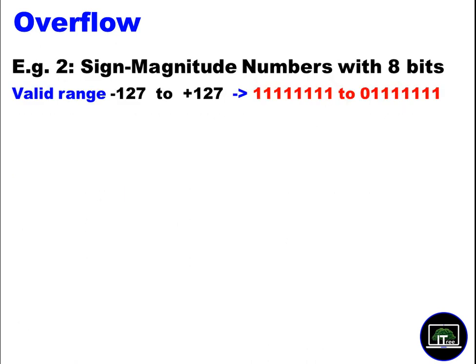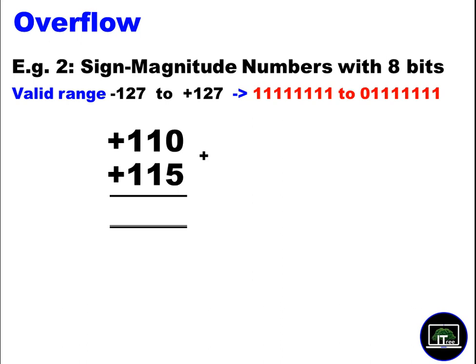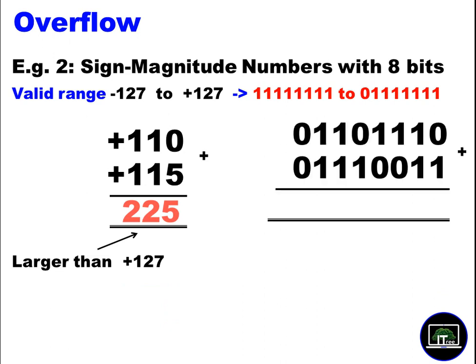Okay, now we look at sign magnitude. The first bit is assigned for the sign. We add these two and we are getting this answer. But now the answer is outside of the range. We do this with the binary numbers. We can add this together now. This is the answer.